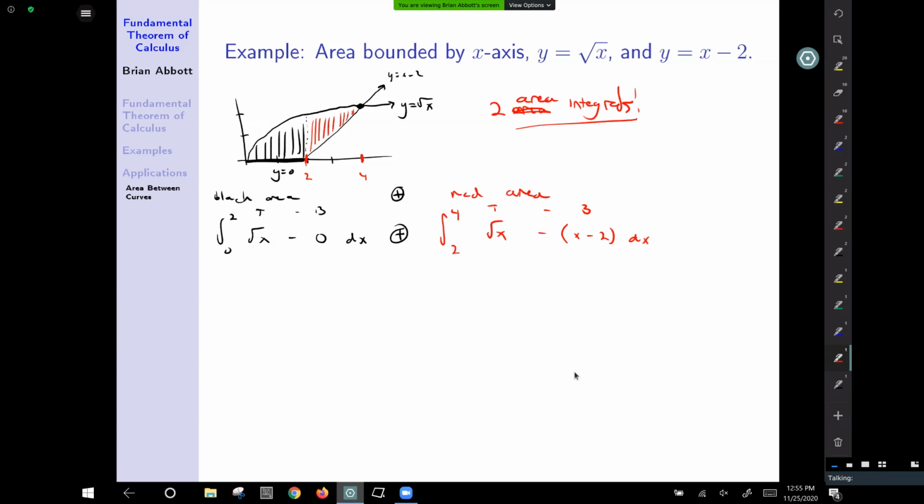So let's just do this one. All right, I think we've calculated, remembering that this is x to the 1/2. We've done enough of those to just jump straight to the fact that it's going to be x to the 3/2 with a 2/3 out in front, evaluated from 0 to 2, plus my red integral is going to give me, again, that same first term, 2/3 x to the 3/2 power, minus x plus 2.